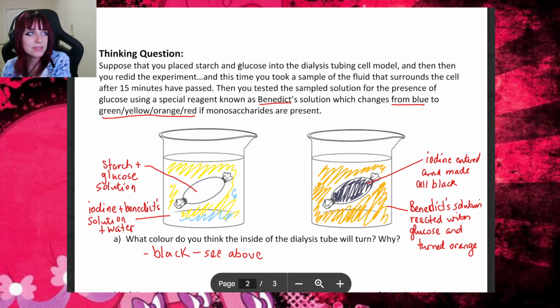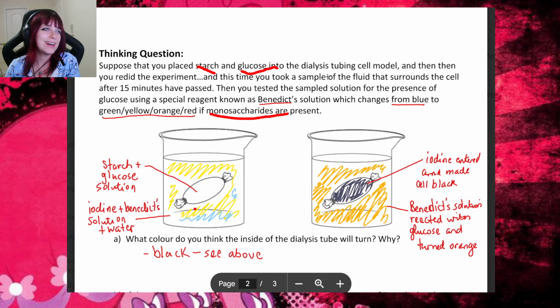Anyways, starch is much bigger than glucose. And then you tested the sampled solution for the presence of glucose using a special reagent known as Benedict solution. So here we have iodine, which turns blackish blue when it interacts with starch, and we also have Benedict solution, which changes from blue to a reddish color if monosaccharides like glucose are present.